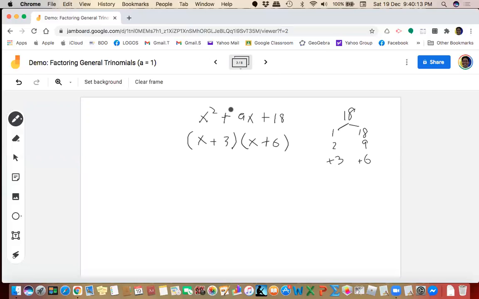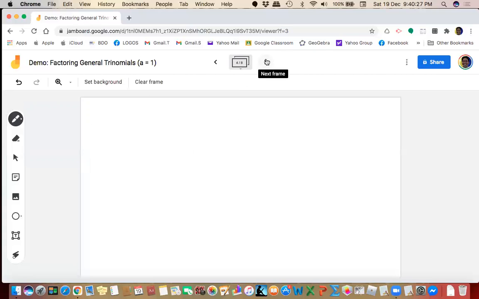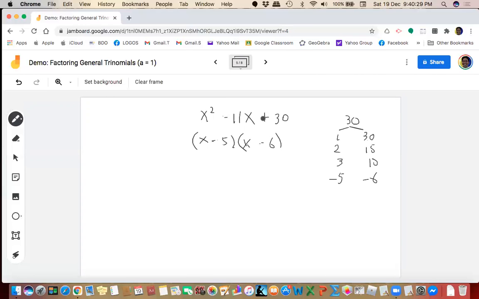I mean, both signs are positive. So here we look for the sum, and both of them are positive because the middle term is positive. In the next example, again, we look for the sum, but the two numbers are both negative. So that's the second one.